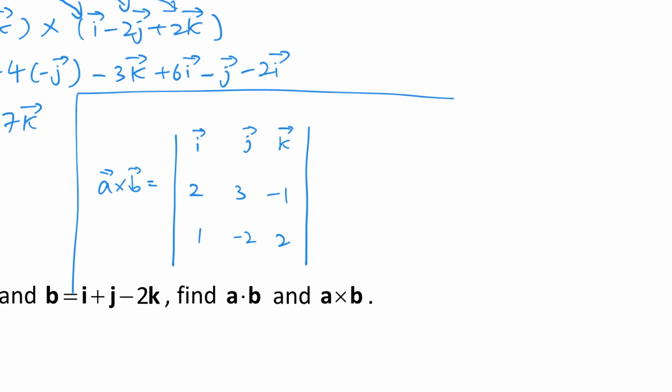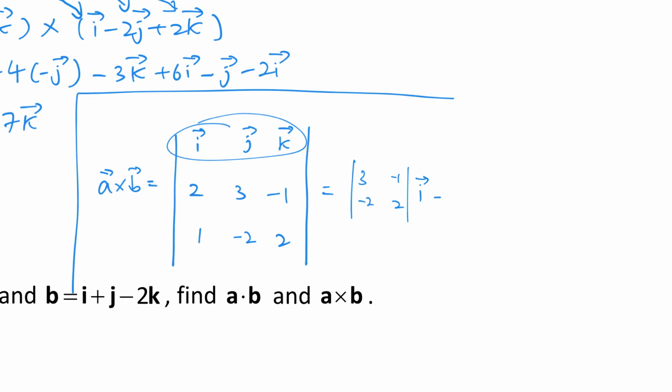And we can expand this matrix by using the first row. That means vector i times the minor matrix of this part. That means hide this row, and then this is the minor matrix. And remember, if you expand it by using this row, the operation of the second term is minus, because this is negative, okay?